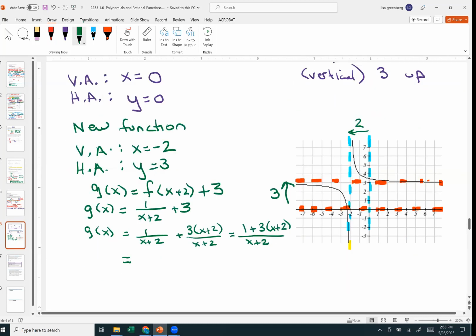This is the same as 1 plus 3x plus 6 over x plus 2, which we can say is 3x plus 7 over x plus 2. And this right here, g of x, is the equation for our new shifted function.